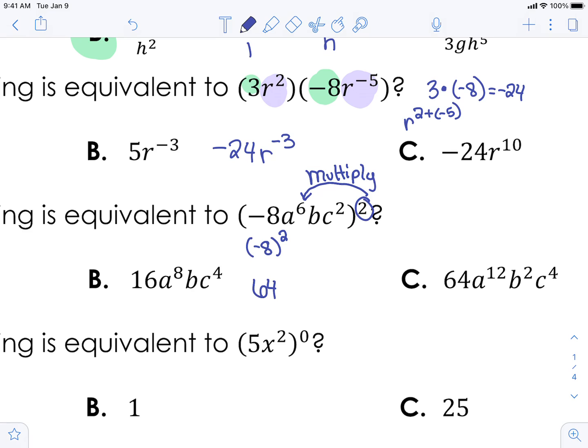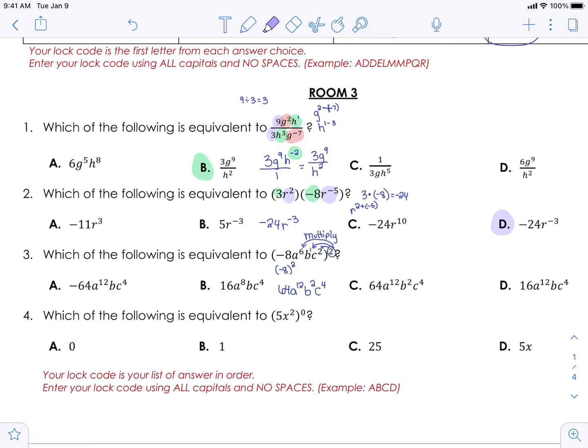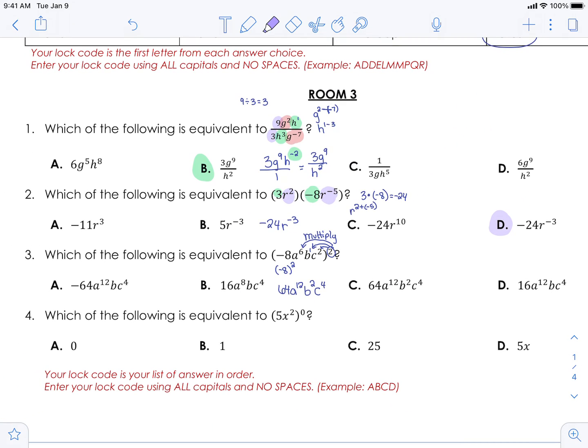Okay, so when we multiply, we get 6 times 2, which is a to the 12th. And then I have to multiply it to the 1 that's with the b. So 2 times 1 is b squared, and then 2 times 2 would give me c to the 4th power. If I look at my options, it looks like it is answer choice C.